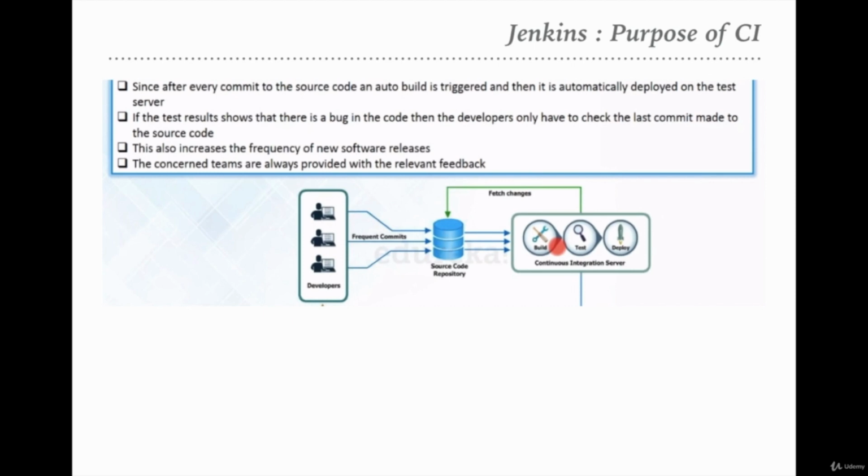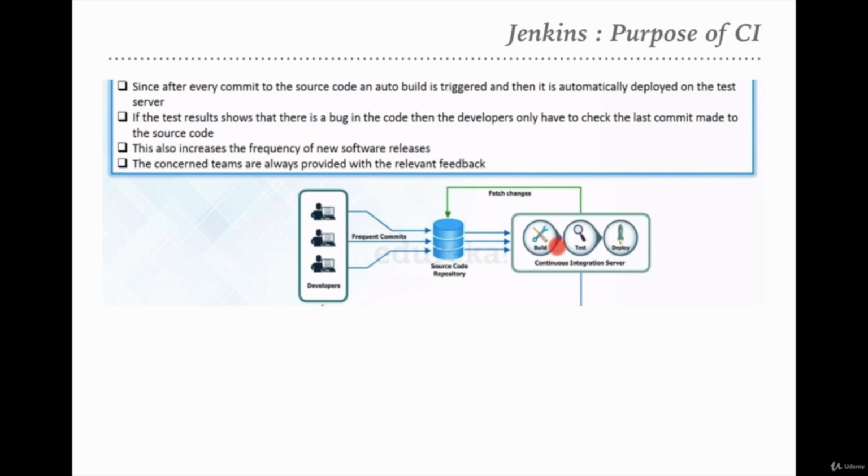Now, if we are using continuous integration, then our process would be like this. A set of developers are making their changes in the source code repository, and that repository is handled by our Jenkins server, or the continuous integration server.